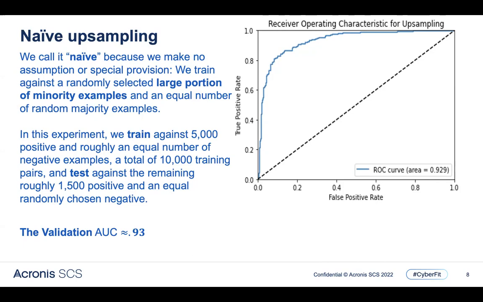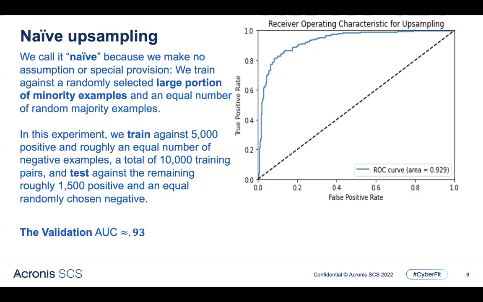And then we randomly select an equal number of negative examples that we have in abundance. So we end up with 10,000 training pairs on which we build the model and test against the remaining roughly 1,500 positive, that is CVEs, and an equal number of randomly chosen negatives from the plethora of negative examples.